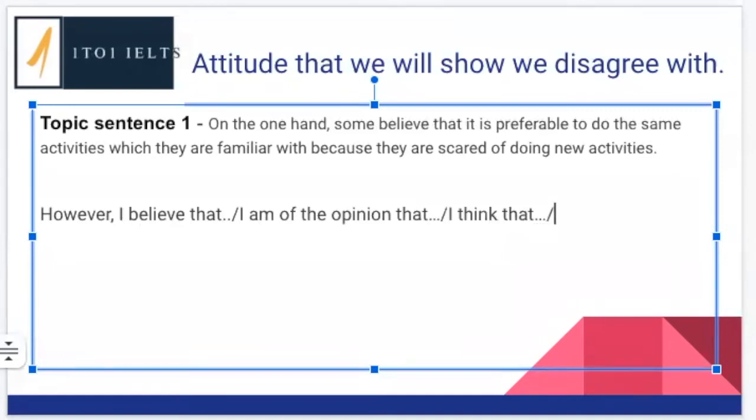Maybe we could do one, two, three, four possible ways we could start. Is there something we could use instead of however? I see some people do this.